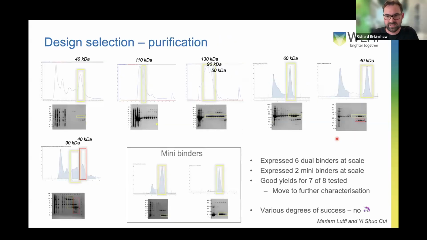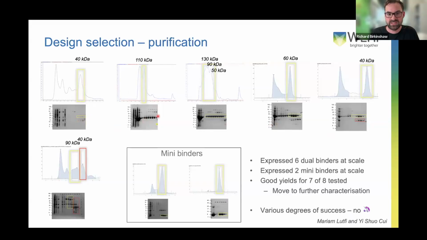This is where things started to get a bit more tricky, I guess. When we actually started to purify all these different proteins, we started to notice some weird characteristics. In size exclusion, we had various different oligomeric states for the different proteins. Some were behaving as monomers, but we were getting poor yields.